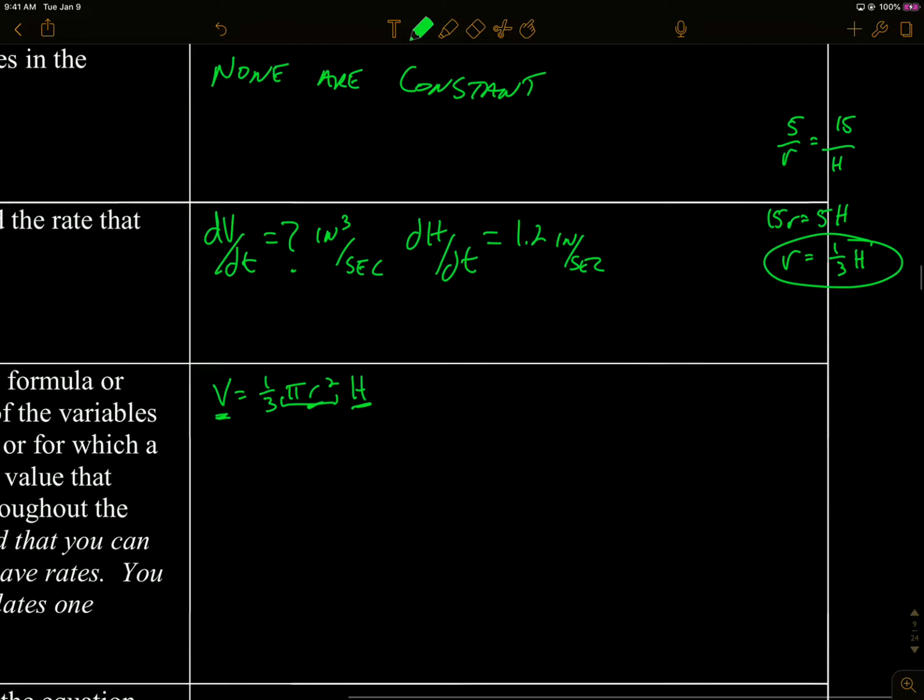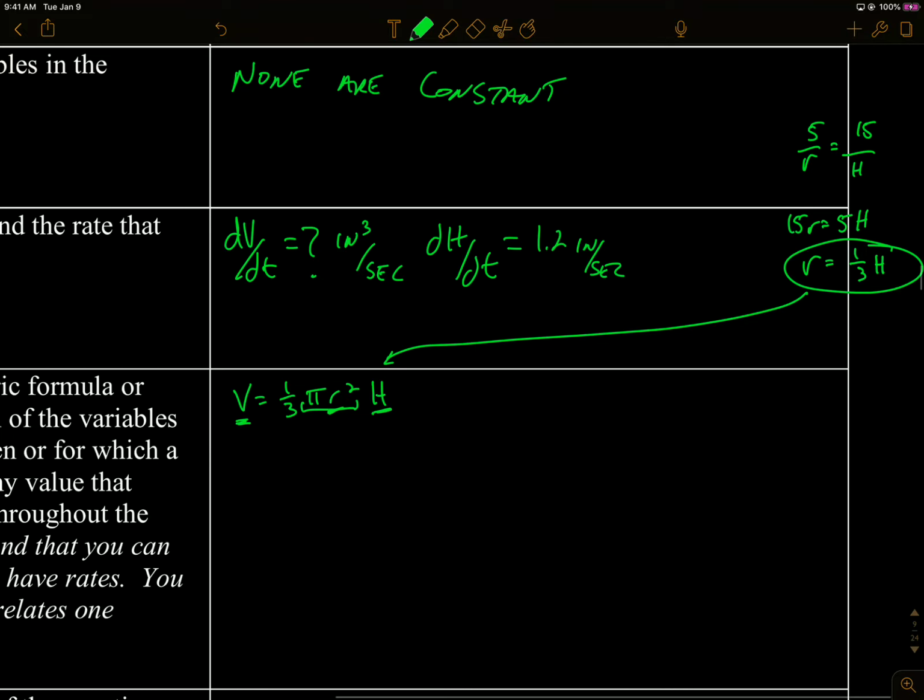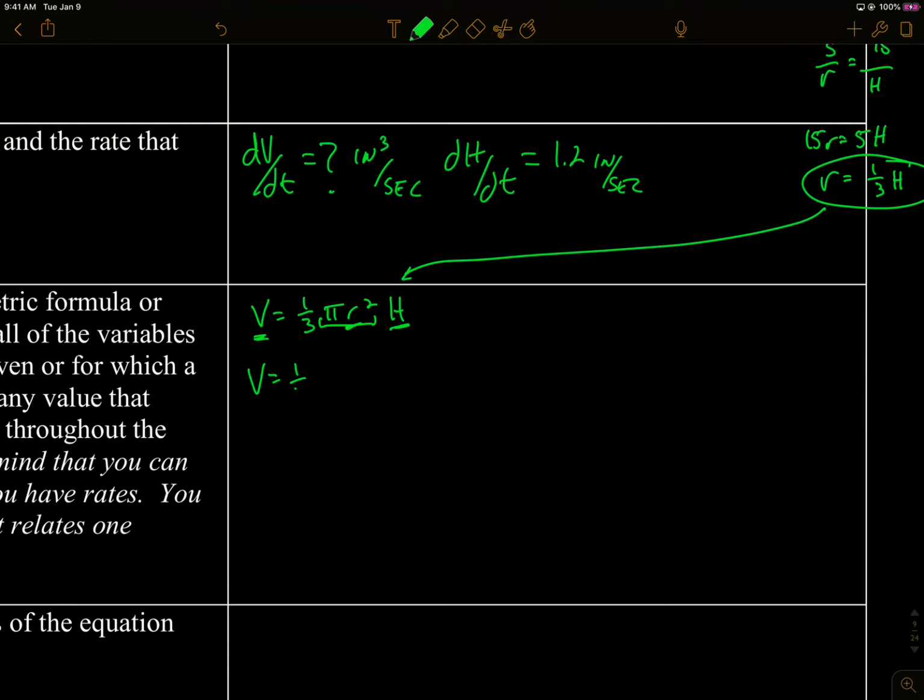So now if I use this and make my substitution, I have volume equals 1/3 pi, and then it's going to be (1/3 h) squared times h. Now I don't have an r in this equation, so I can simplify a little bit. This will be the volume for this particular wedge of water, taking on the shape of a tank that has that same ratio of radius to height.